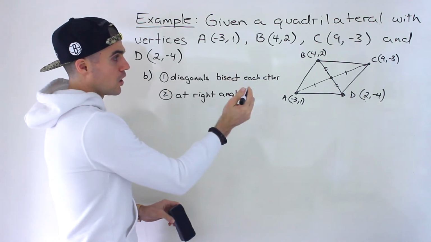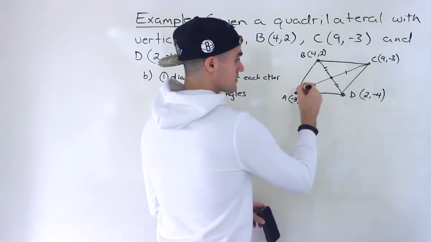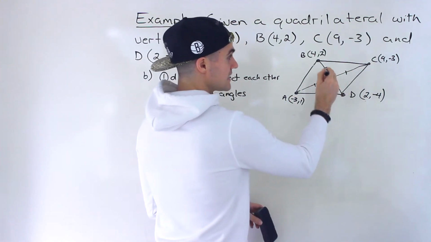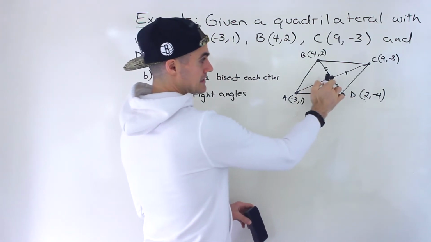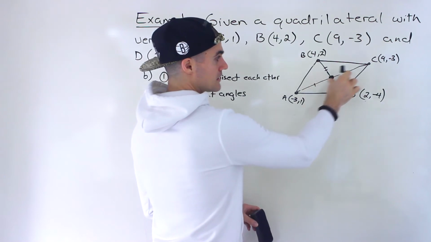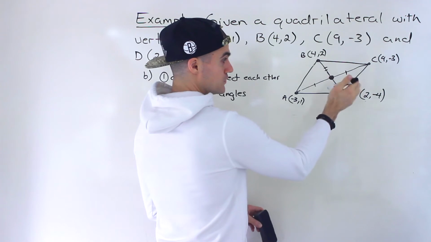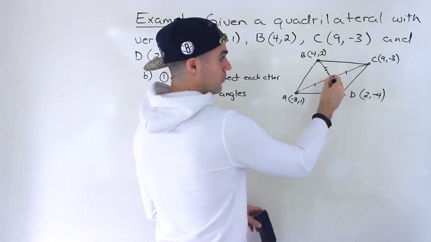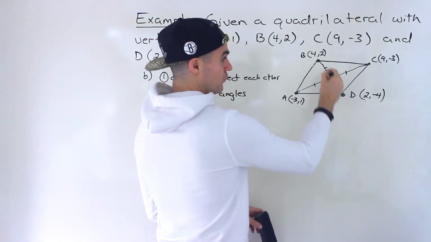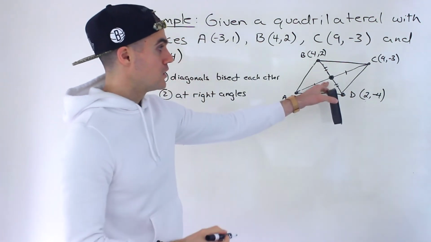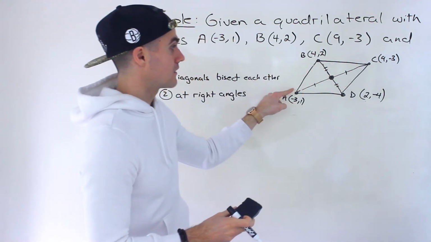So number 1, all we have to do is show that the midpoint of AC is equal to the midpoint of BD. Right? Because notice that this point here is going to be the midpoint of AC because it's splitting it. If we show that the midpoint for this diagonal is the same as the midpoint for this diagonal, then we know that it's that same point that's splitting this diagonal in half and this diagonal in half.